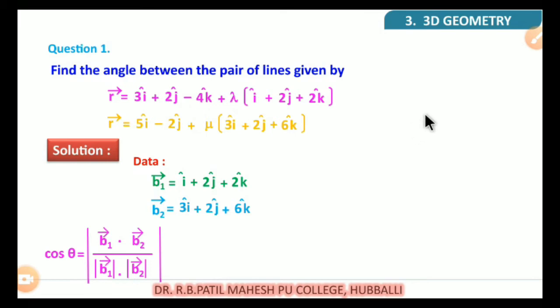First, consider b1 dot b2. That is the sum of products of corresponding elements here. a1 is 1, b1 is 2, and c1 is 2.